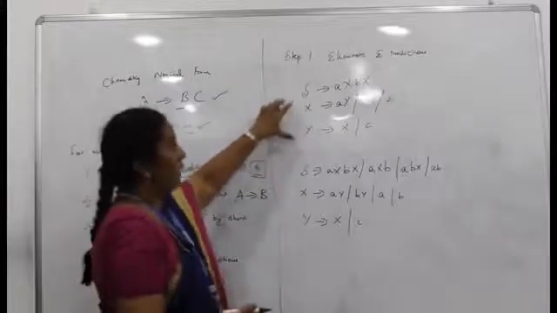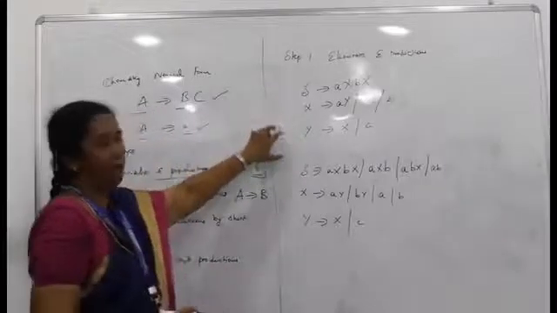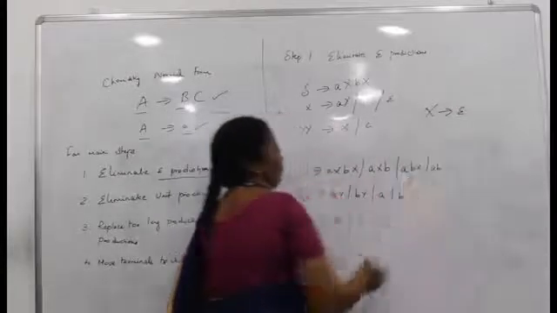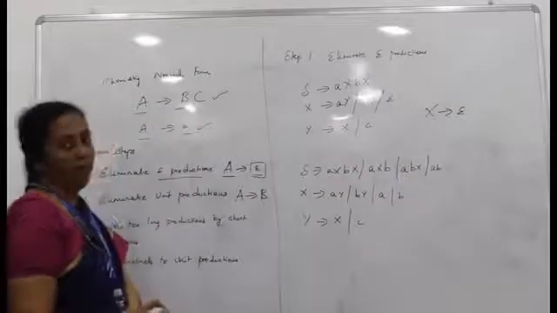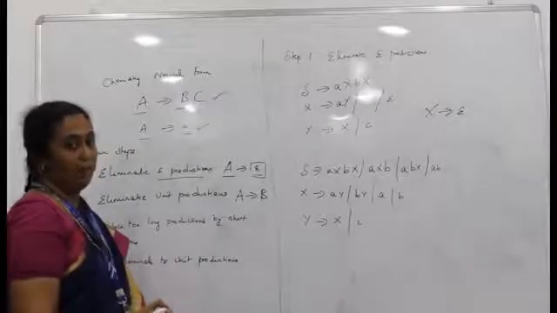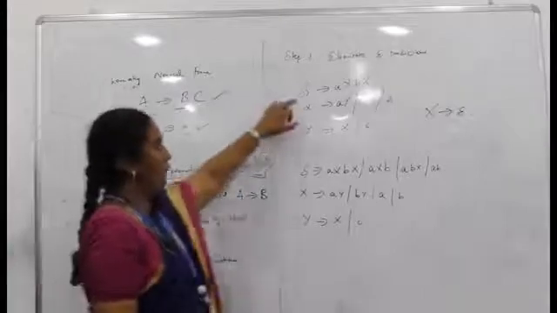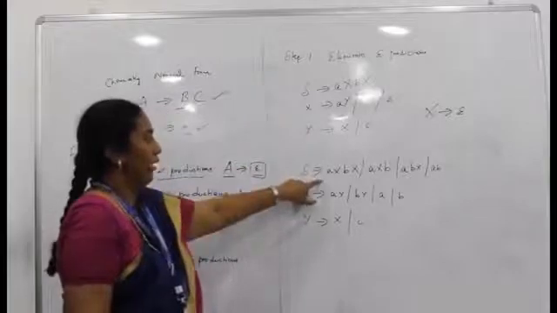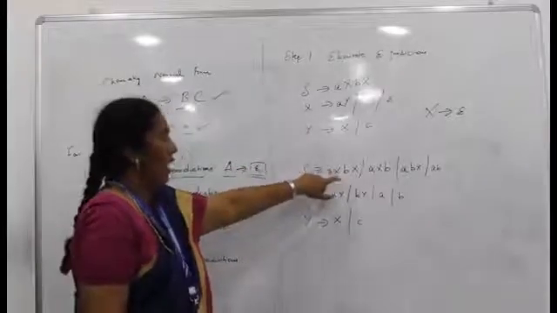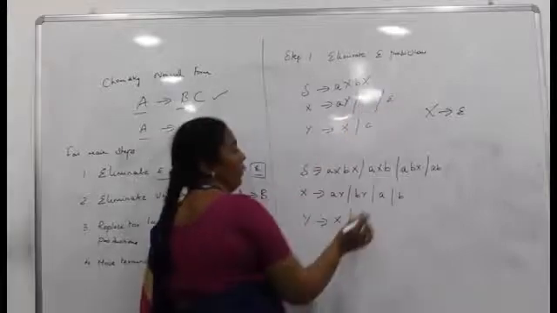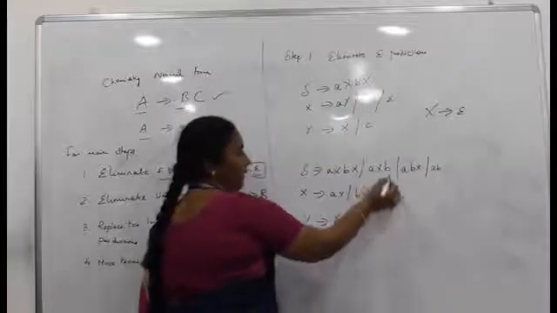In this set, there is only one epsilon production, which is X gives epsilon. Epsilon means null, so wherever X appears we are going to replace it with null. In the first rule, as such you will write S gives aXbX. Then we replace one X with epsilon, so it becomes aXb.